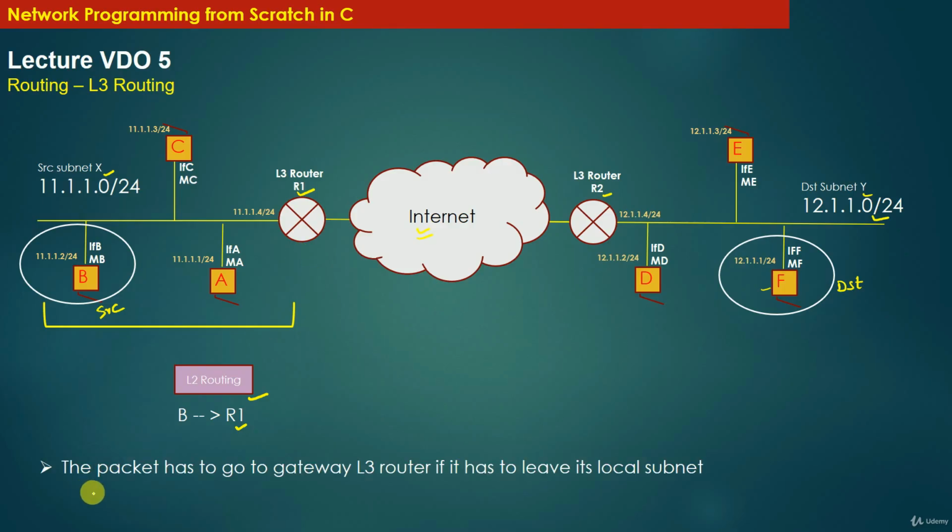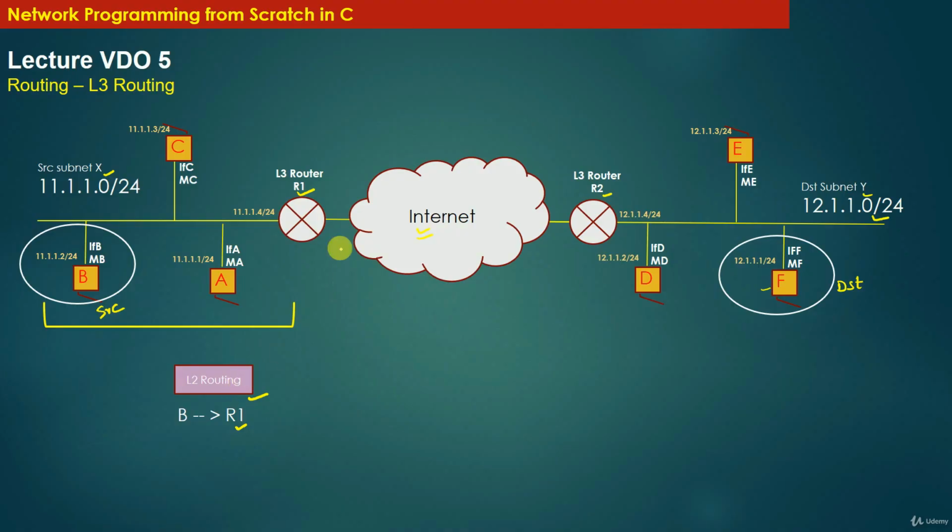So remember, the packet has to go to the gateway L3 router first if the packet has to leave its local subnet. So in this case, the source machine B has to send the data packet to its gateway layer 3 router R1 because the packet is destined to a machine which belongs to a remote subnet.